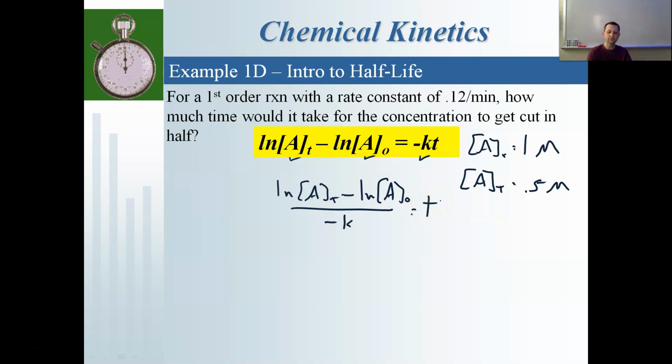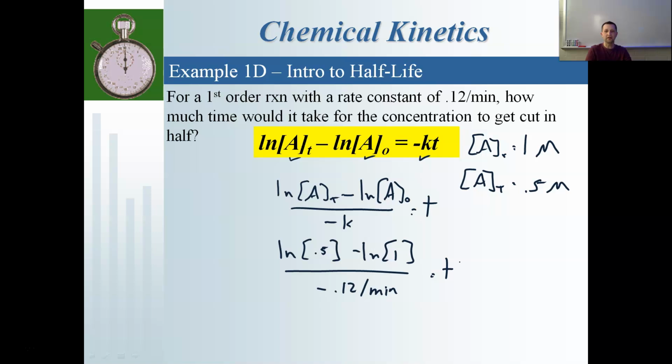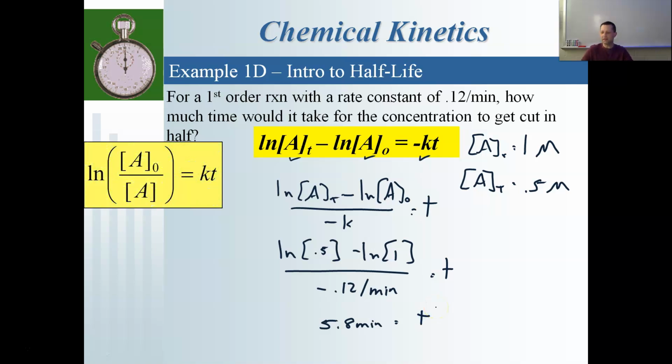Let's plug everything in: natural log of 0.5 minus natural log of 1, over negative 0.12 per minute, equals time. Plug it in your calculator and you're going to end up with a time here of 5.8 minutes.